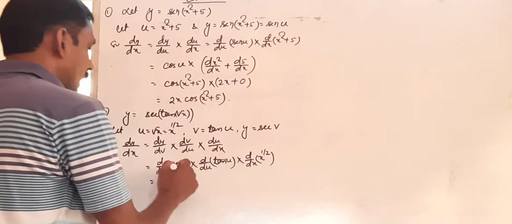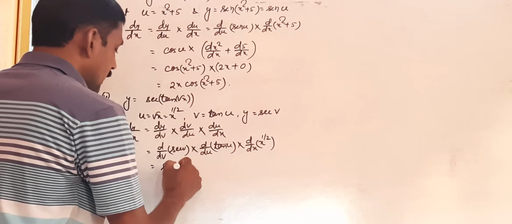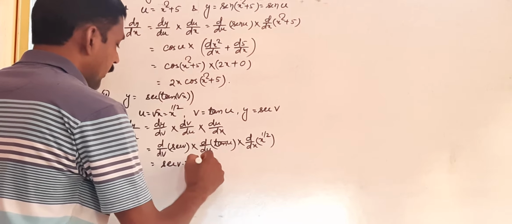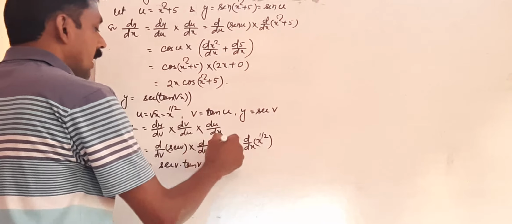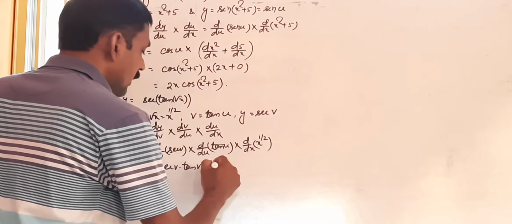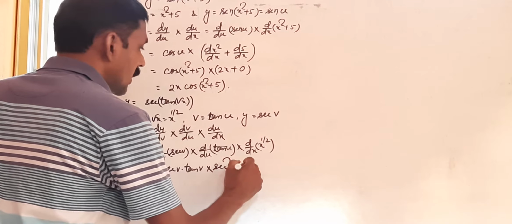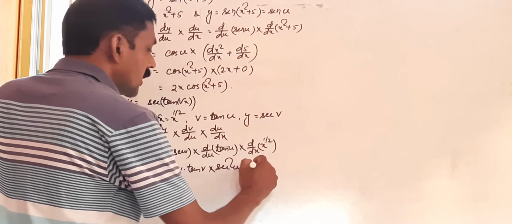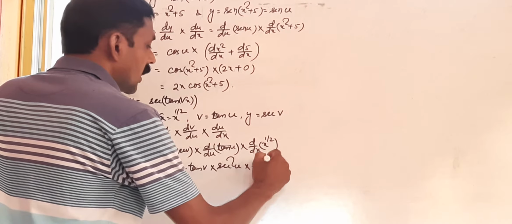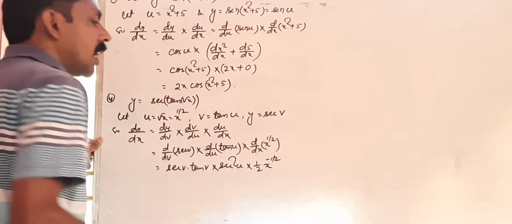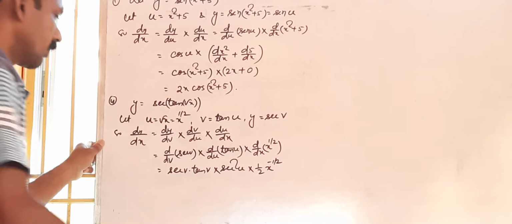So by the standard formula, the derivative of sec is sec into tan, so sec v into tan v. Now the derivative of tan is sec square, so it is sec square u into 1 by 2 into x to the power half minus 1.